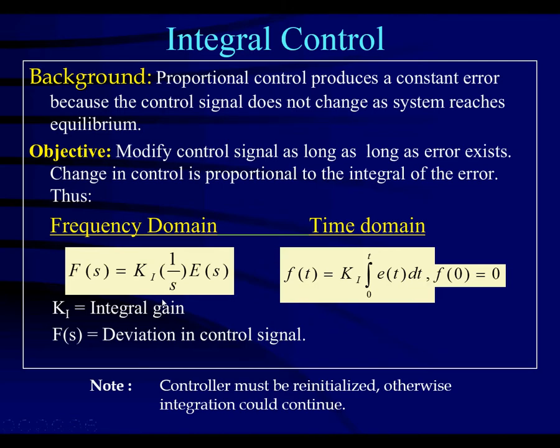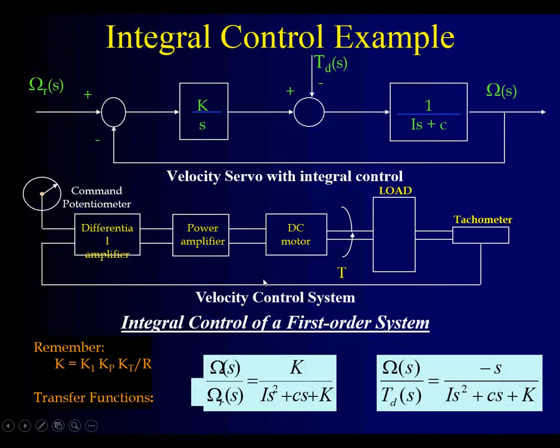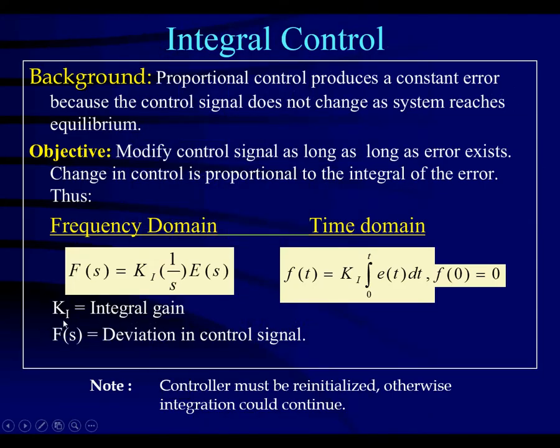Remember, s means differentiation, 1 over s means integration. The equivalent of this in the time domain would be to integrate from 0 to t e(t) dt, with 0 initial conditions. K sub I is your integral gain, and Fs would be the deviation in the control signal.